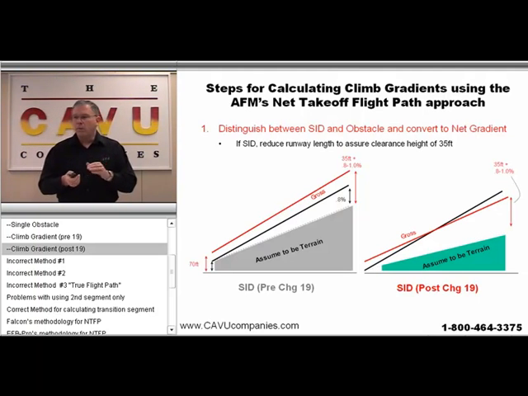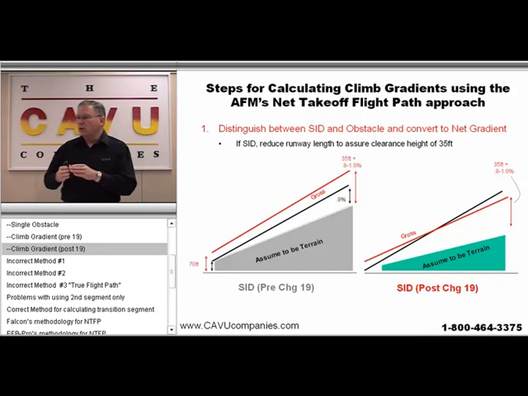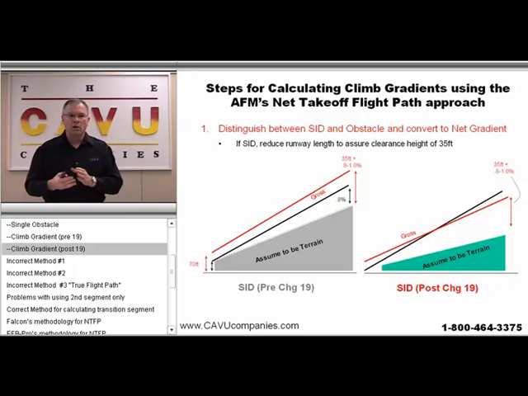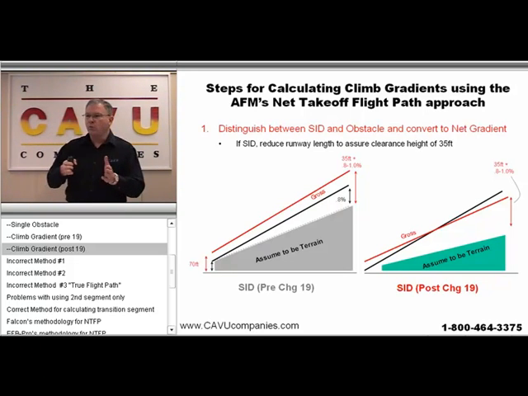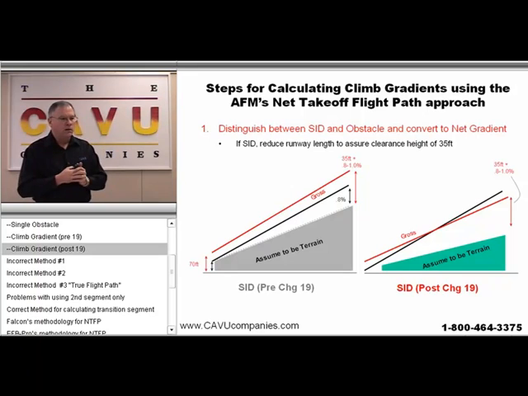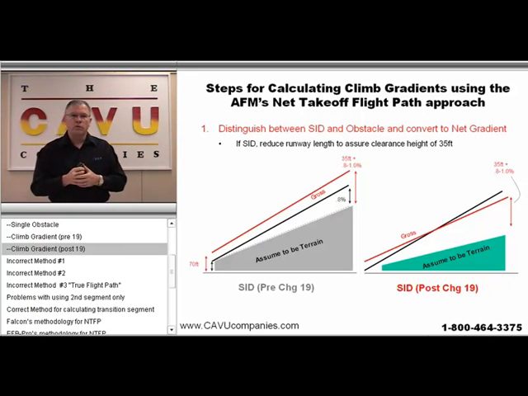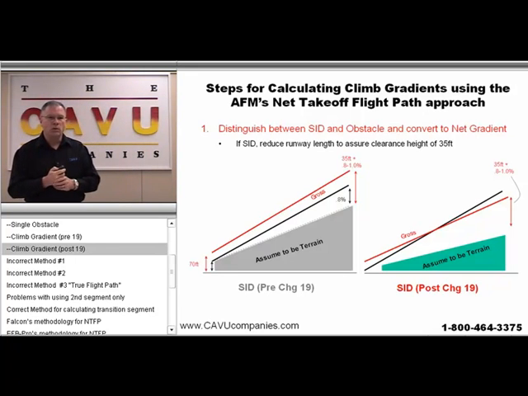The way we do that, by the way, just as a point of information, is that we look at the first segment data for the aircraft, and we determine what horizontal distance is required to climb an additional 35 feet in first segment, and we simply subtract that from your runway length. It's usually nothing more than 100 feet or so, a couple hundred feet, and it is a little more restrictive, so if you can use the post-change 19, then by all means do so, because you'll come out with a little heavier weight.